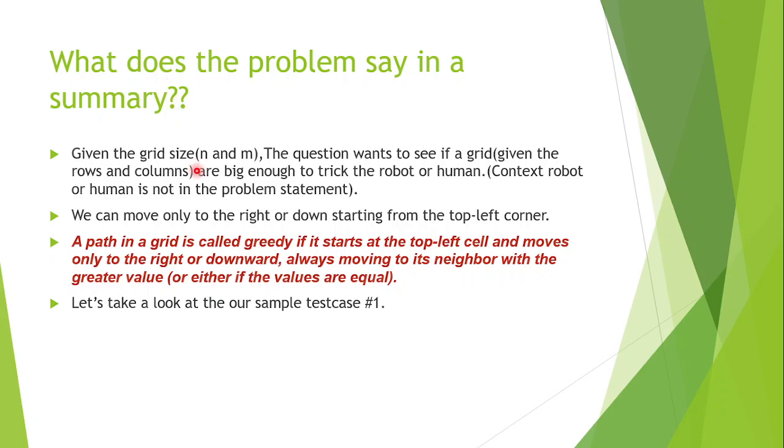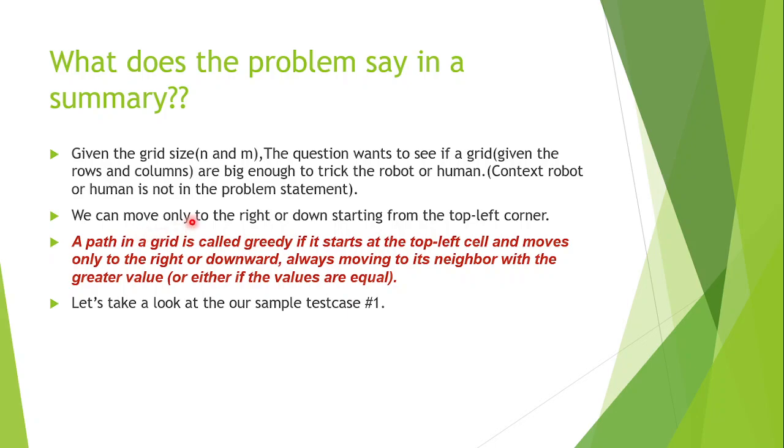Given the grid size n and m, where n is the number of rows and m is the columns, the question wants to see if a grid with rows and columns big enough can trick something like a robot or human. Those words were only added to clear the problem so we can understand more, but they are not in the statement.